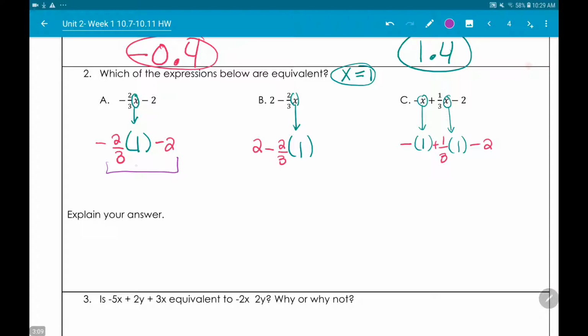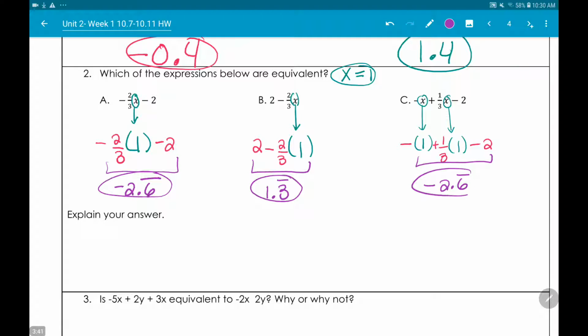All right, and when I plug that into my calculator, I get negative 2.6 repeating. All right, when I plug this one in, I get 1.3 repeating. And in this last one, when I plug that in, I get negative 2.6 repeating.